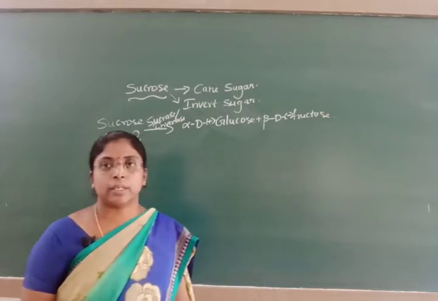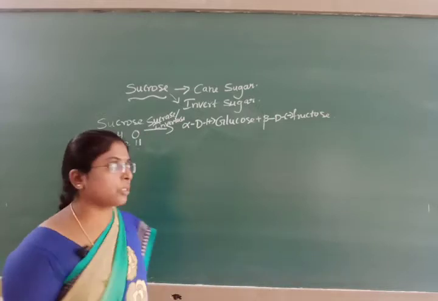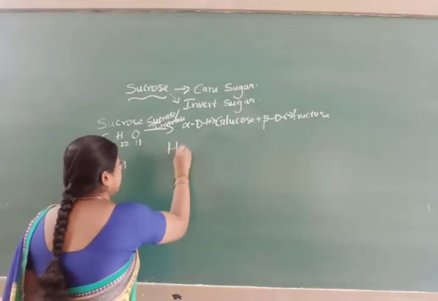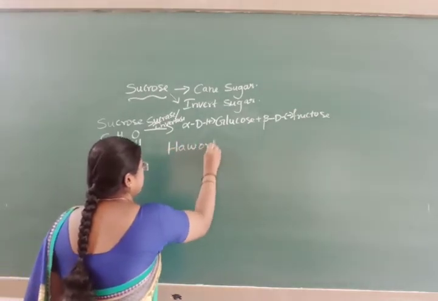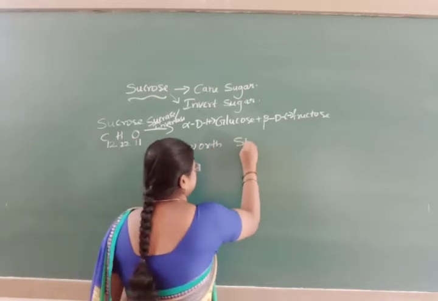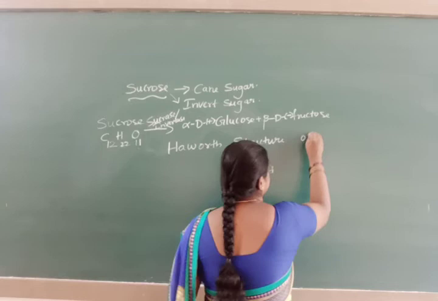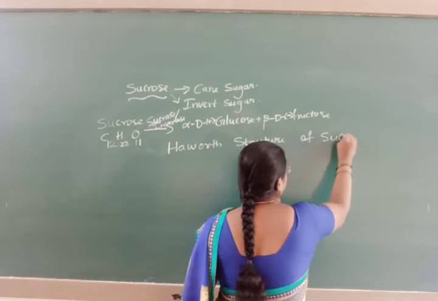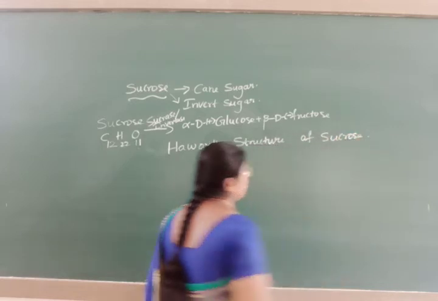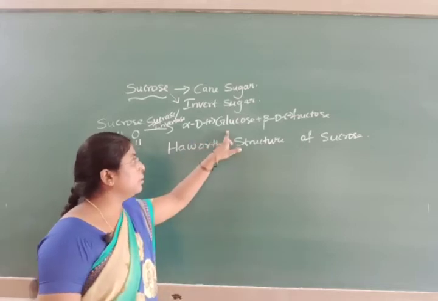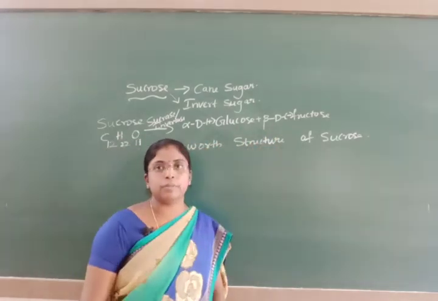Let us see the Haworth structure of sucrose. It is made up of alpha D plus glucose and beta D minus fructose.